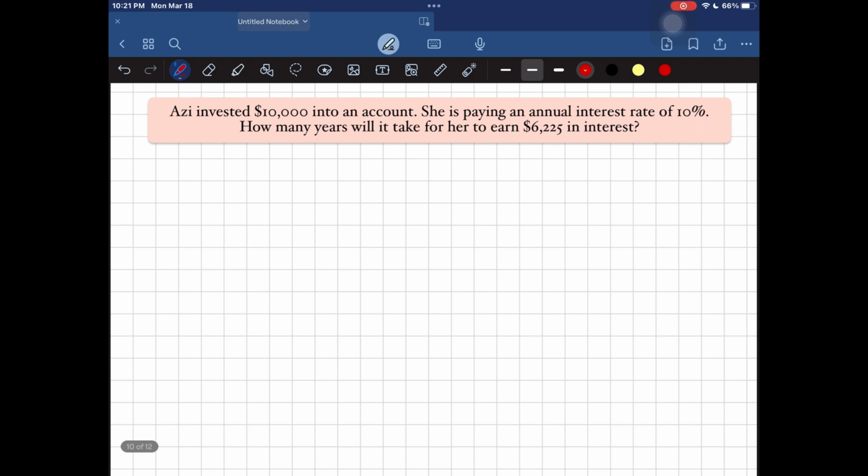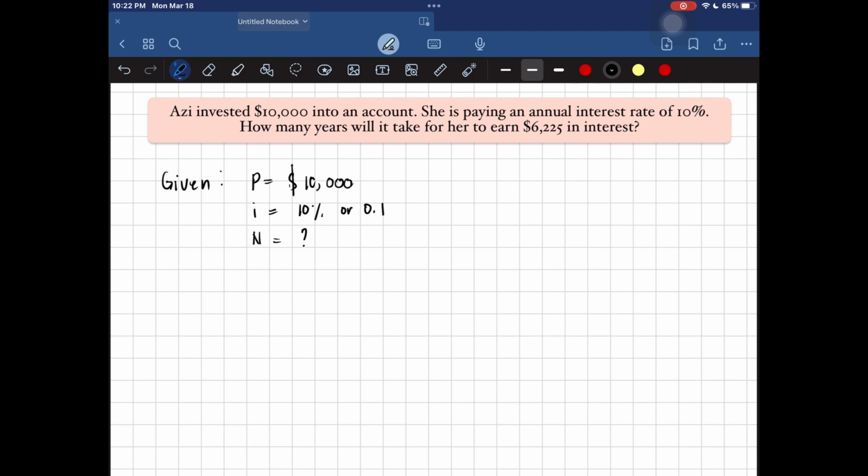Problem number 2. Ozzy invested $10,000 into an account. She is paying an annual interest rate of 10%. How many years will it take for her to earn $6,225 in interest? So for the given, P is equal to $10,000, I is equal to 10% or 0.1, while N here is our unknown.